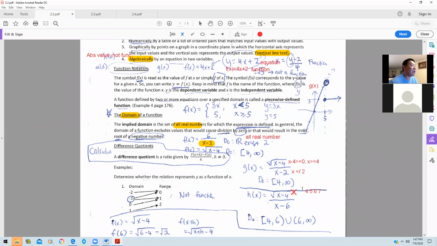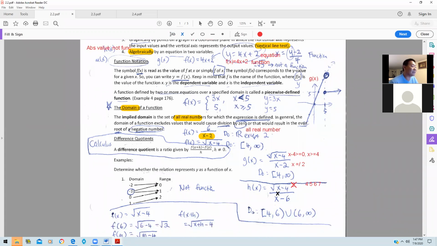Okay, but what happens if you have this case? We still have the same domain of 4 and above, but in this case, x cannot equal 6, because you cannot have a 0 in your denominator.